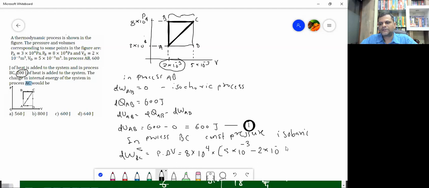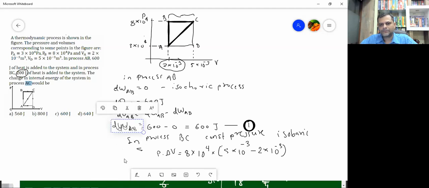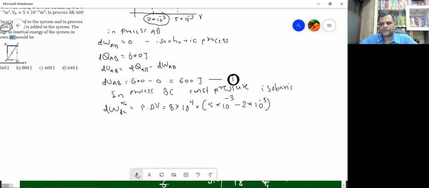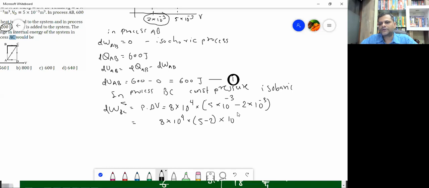So what we get here is, yes, 10 raised to minus 3 can be taken common, and we get 8 into 10 raised to 4 multiplied by 5 minus 2 left in the bracket into 10 raised to minus 3.